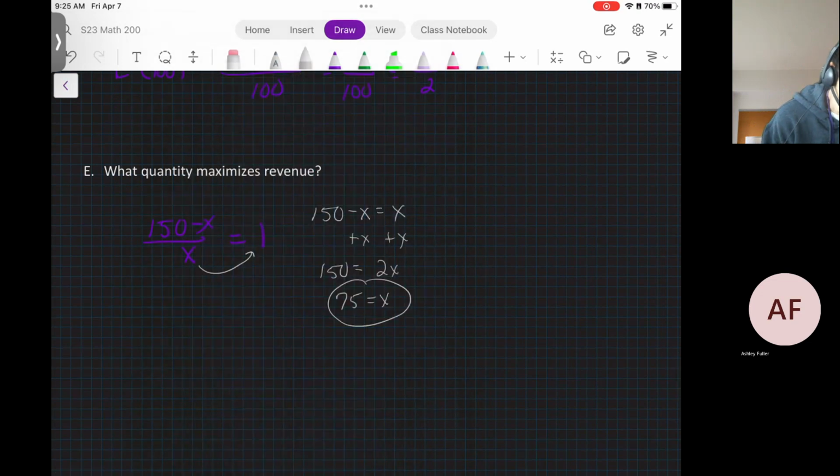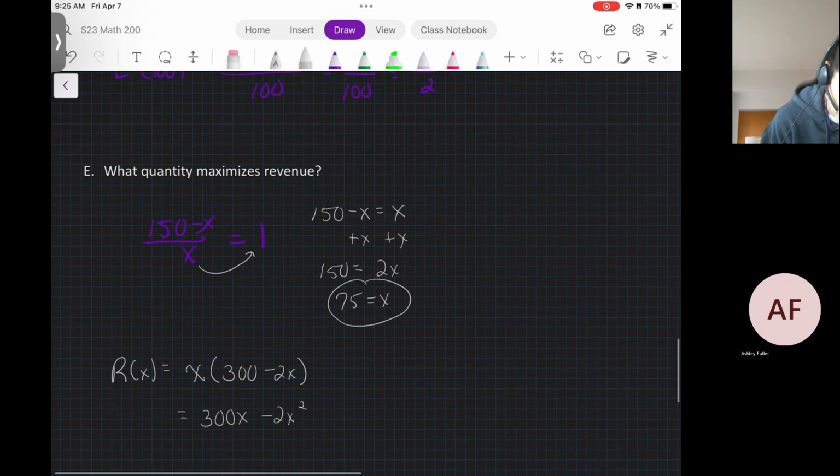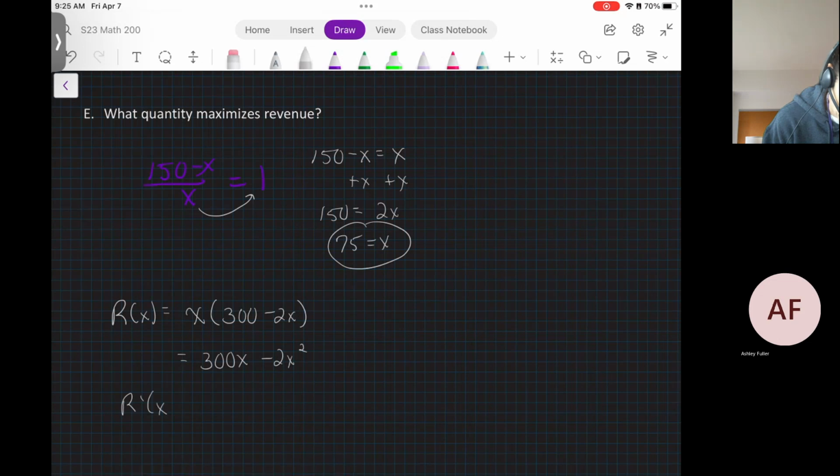Remember, if we look at our revenue function, we can confirm that this is indeed a maximum revenue. Our revenue is going to be x times the price, and the price is the demand function. So our revenue is 300x minus 2x squared, giving us a first derivative of 300 minus 4x.